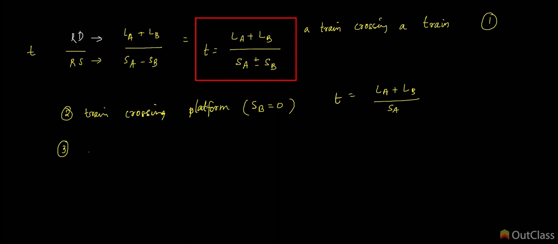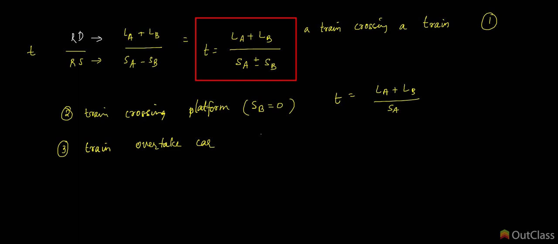You can also have a train overtaking a car. So you might have a road parallel to a track and the train is traveling faster than the car. How much time does it take for the train to overtake the car? For the purpose of this question, the car's length is negligible compared to that of the train. So the car is basically a second train that doesn't have much of a length.